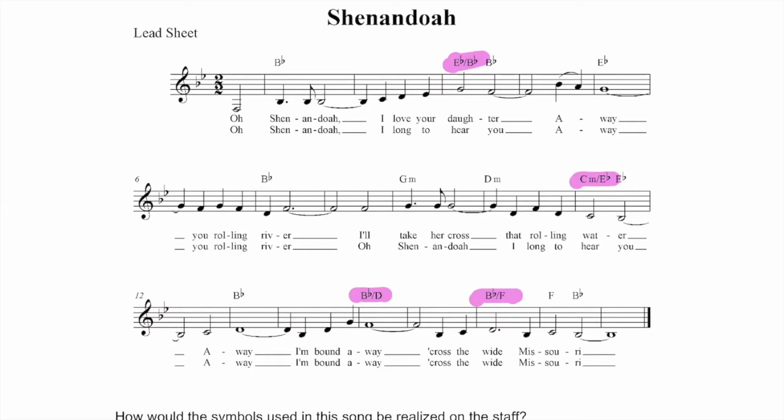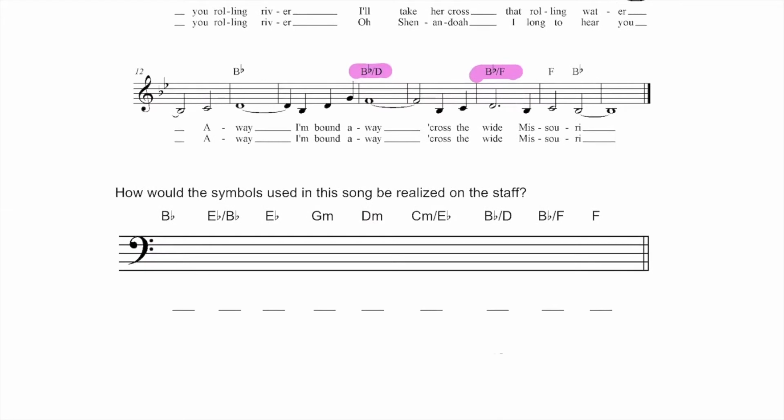So, to facilitate our understanding of how to realize this lead sheet, I would like for us to take a moment to spell these chords based on the lead sheet symbols from the song. I'll do the first two for you. So the first symbol I see is B flat.